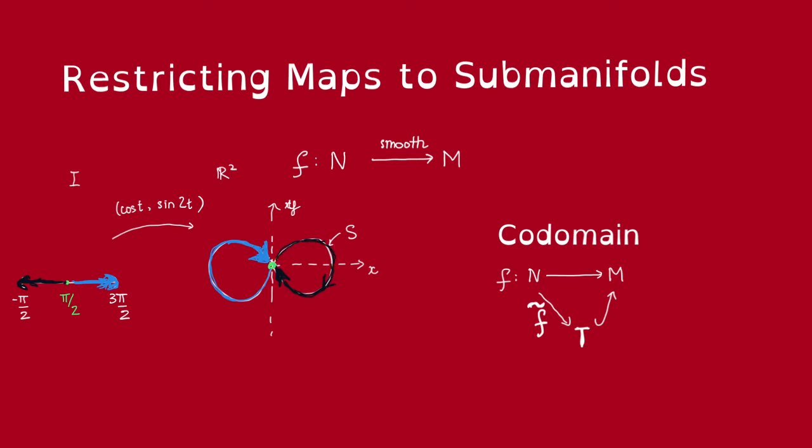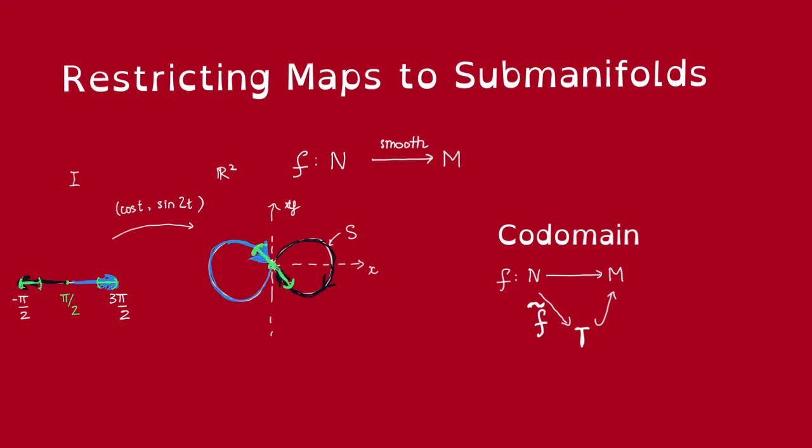Now let's see why this is not a smooth map if we restrict the codomain to just this S, this figure 8. Let's take this green interval around the origin. That must be an open set of S, if we use the topology of the immersed manifold, because it's the image of this interval, and also the image of this interval, for example.